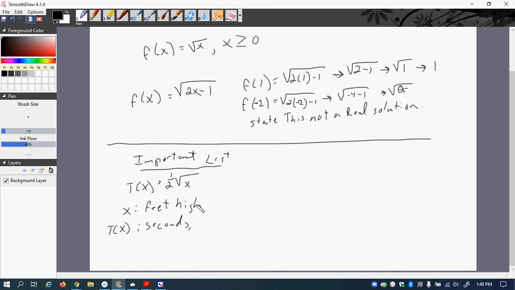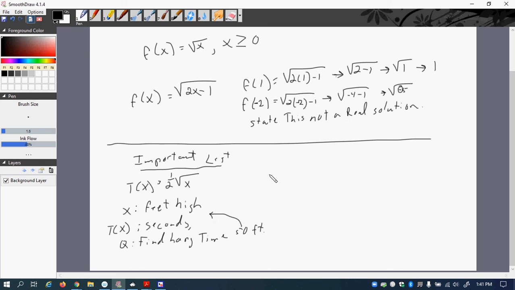Alright, that the ball is in the air. Okay, so the question they wanted to know is find the hang time. Okay, find the hang time if the ball is kicked 50 feet into the air. So that goes in for x.